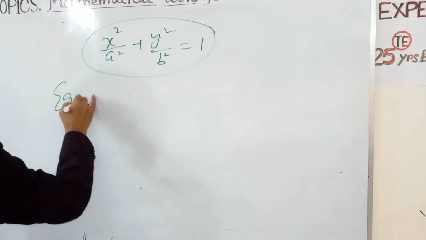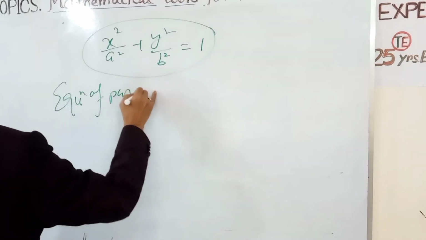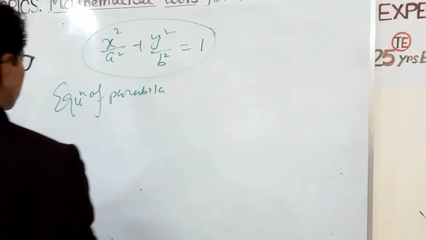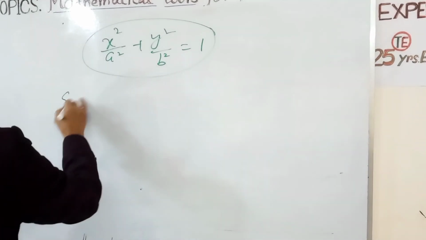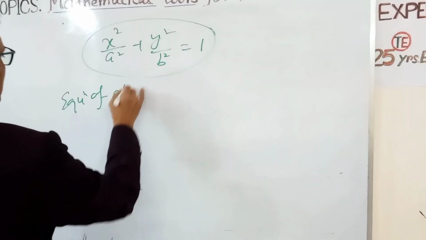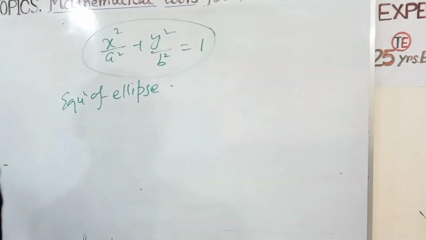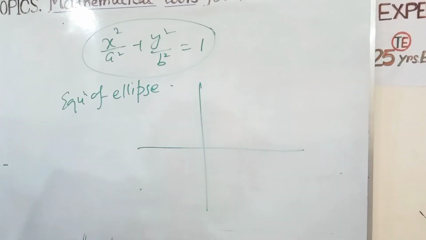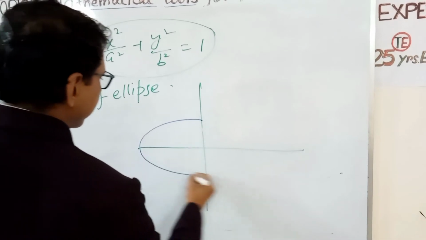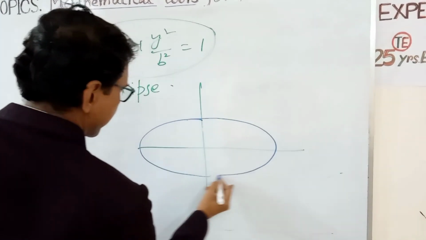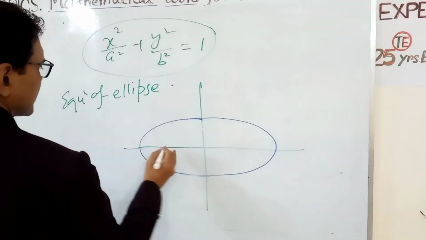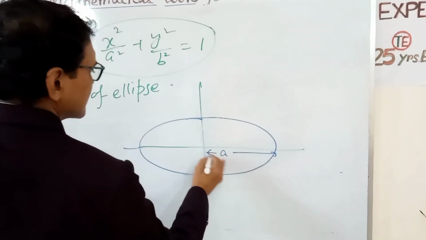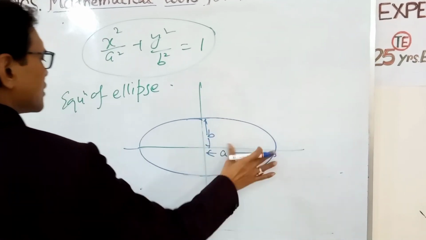This is the equation of the parabola. This is the equation of the ellipse. Here A is this and B is this. This is called the major axis.